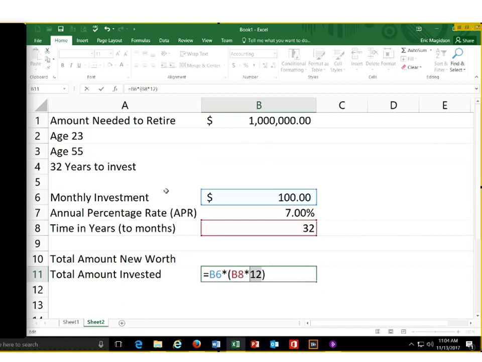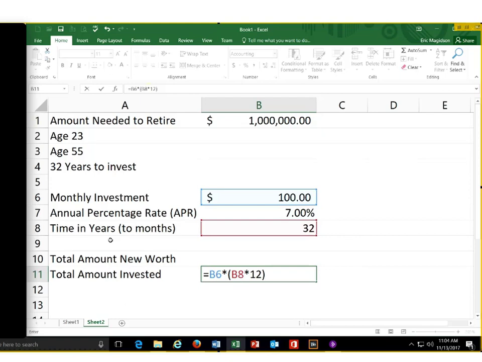Now what we could do is we could come up here and say, you know, months in a year, and then put in 12, and then reference that cell. Agreed? But we're not going to do that. We're going to put in the constant of 12. So does this make sense to everybody? We're going to do $100 a month, every month, 12 months a year times the number of years.